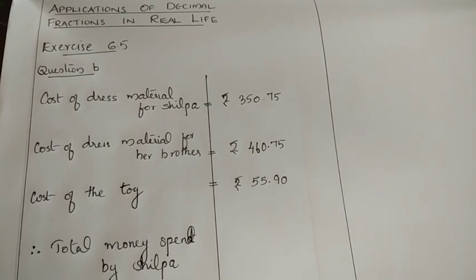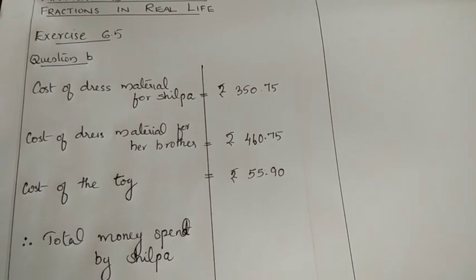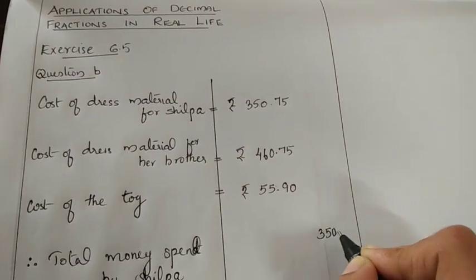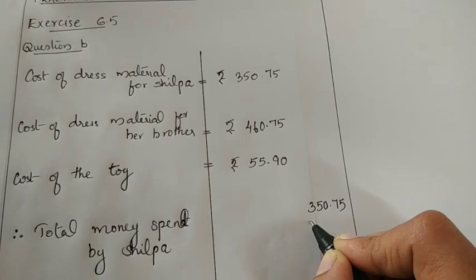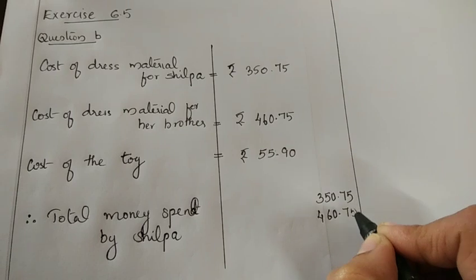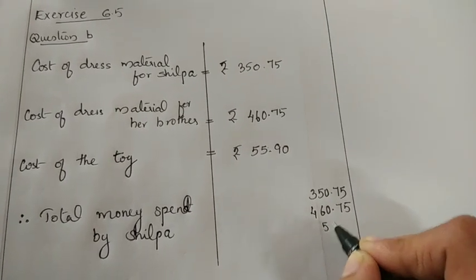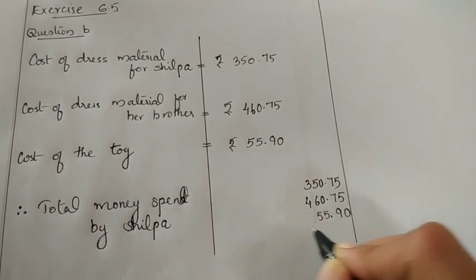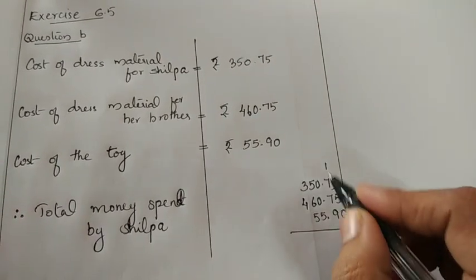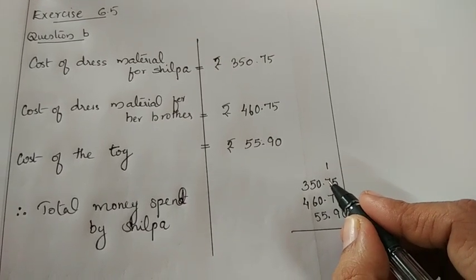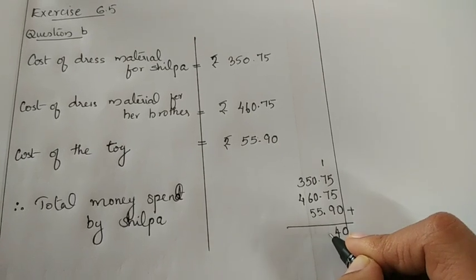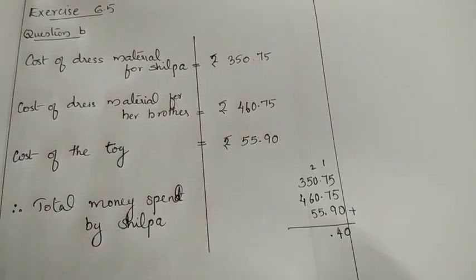Now we have to find the total amount she spent for buying all these things, right? So what we need to do? We should add all these numbers. Okay, so we can add 350.75, then 460.75, then 55.90. Add that. 5 plus 5, 10, carry over 1, 10 plus 7, 17, 17 plus 7, 24. 2 balance.